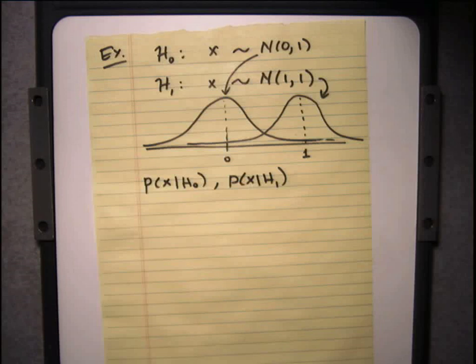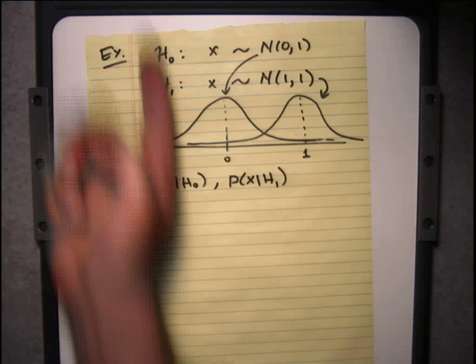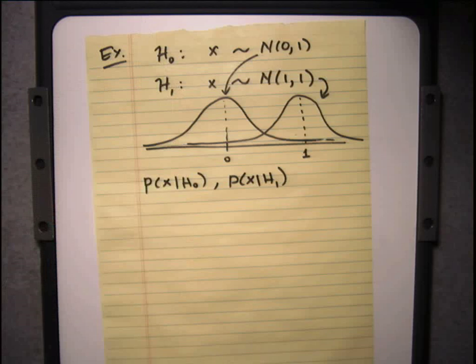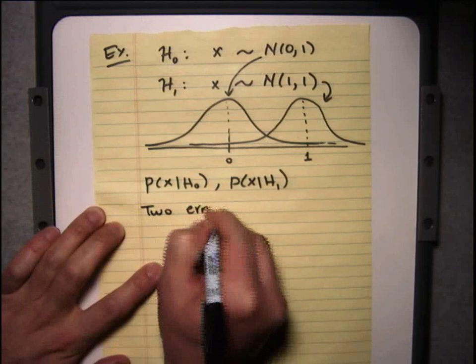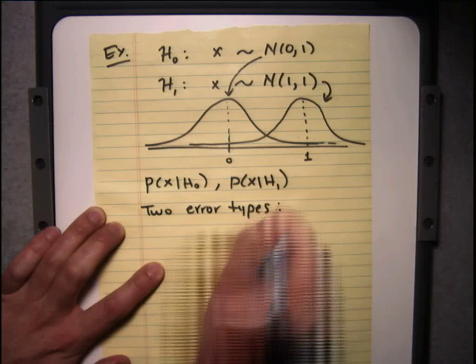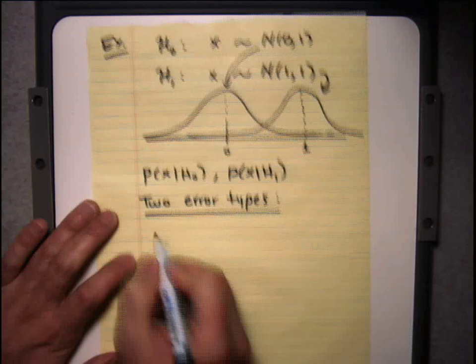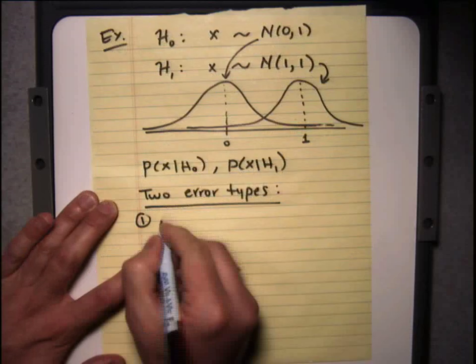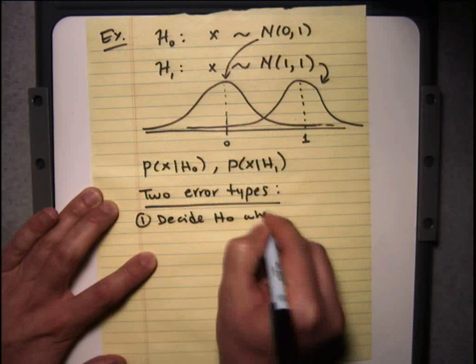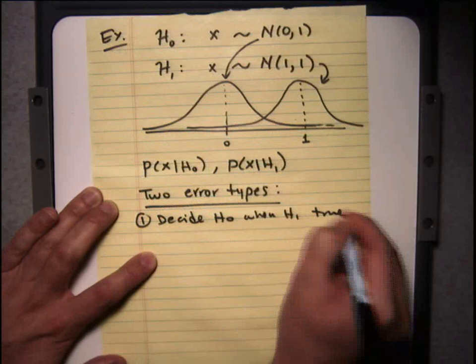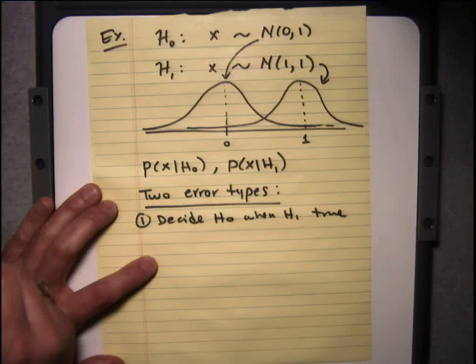How many different kinds of mistakes can I make? Well, I could choose H0 when H1 was true, or I could choose H1 when H0 was true. So two different error types. The first one, you decide H0 when H1 is true. How likely is it for that to happen?